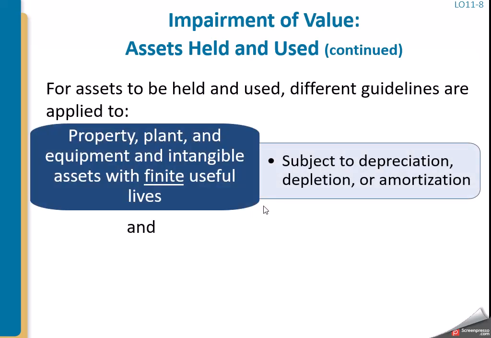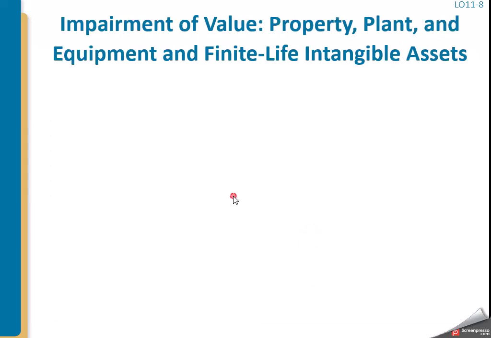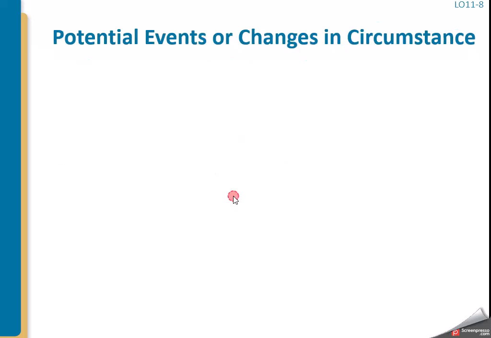So property, plant, and equipment, we would have depreciation. And then intangible assets, like I said, those are the goodwill and the trademarks and the trade names. They are not subject to amortization. So we're not talking about those ones yet.